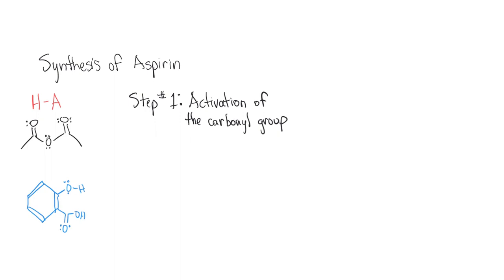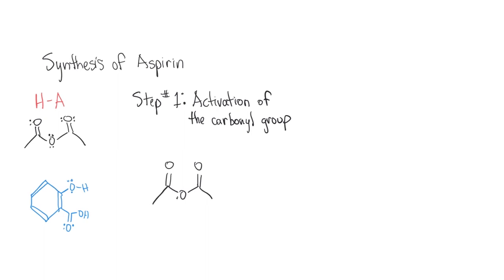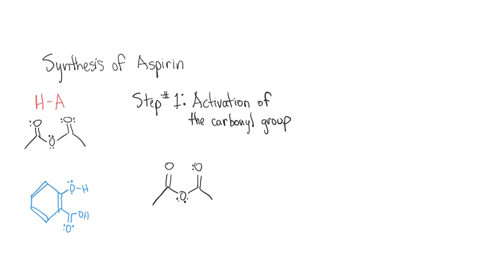Okay, so we have our acetic anhydride. And what we notice about this anhydride is that it is symmetrical. And so that's important because when this reaction is happening, the alcohol that is on the salicylic acid can actually react with either this carbon right here or this carbon right here.